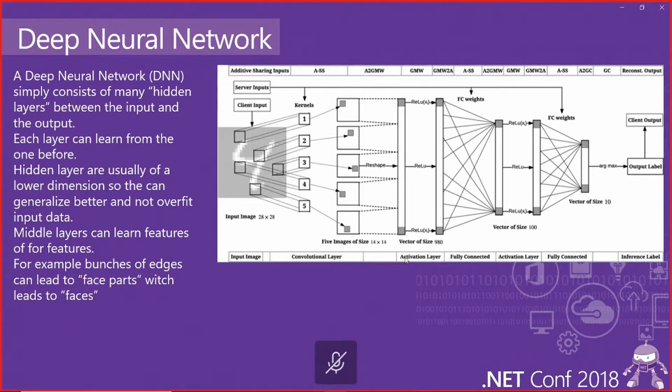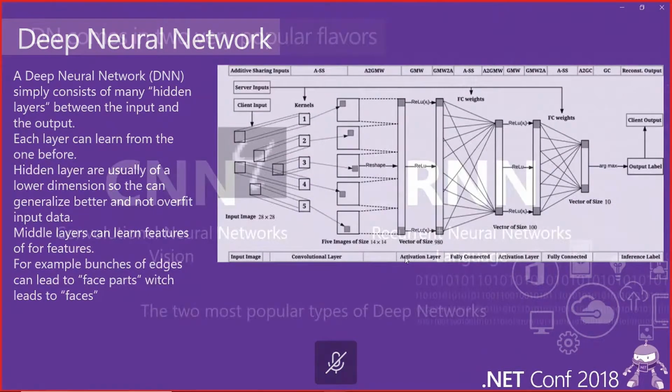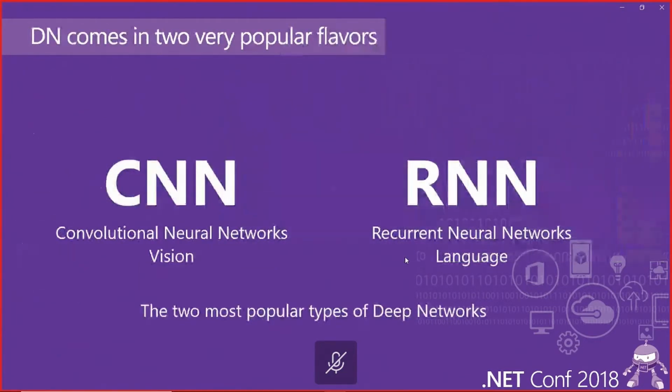As a simple example, the first layer learns to understand that there is a face part, and then the next layer learns faces, and so on. The two most used deep neural networks are convolutional neural networks and recurrent neural networks.